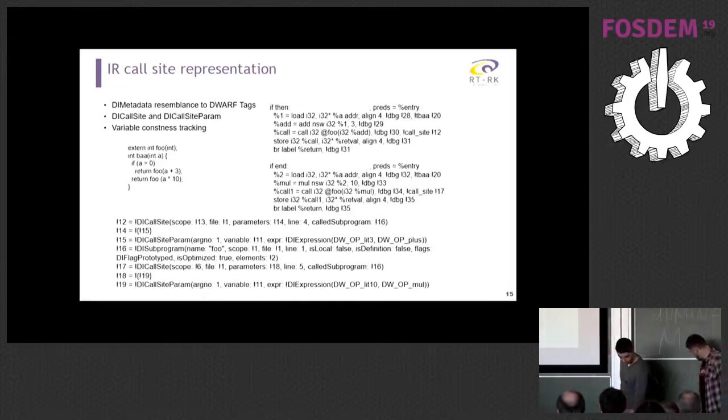Here we can see a call instruction that has an attached call site metadata node, which references call site metadata. The call site has arguments such as scope, file, a reference to an array of DICallSiteParam, a line, and a reference to the called subprogram.